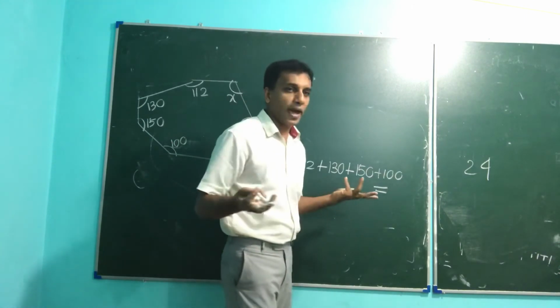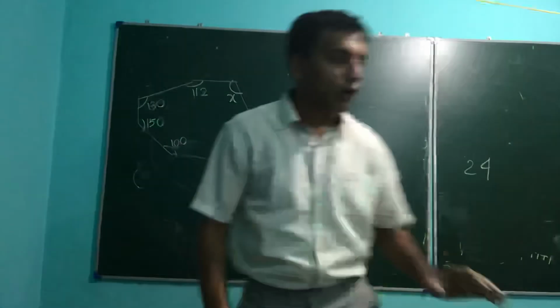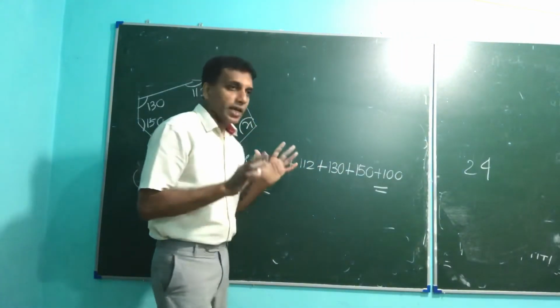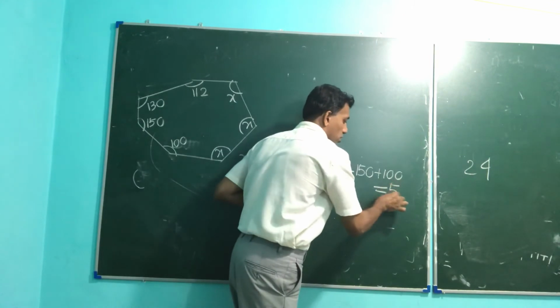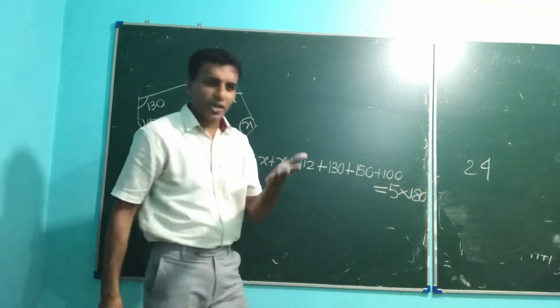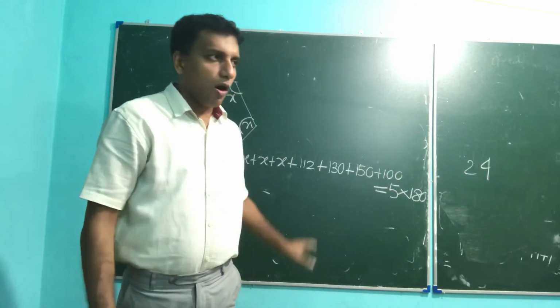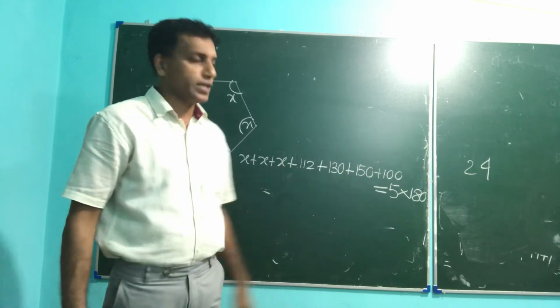I don't know the angle value, therefore I follow the summation method. In a heptagon, 5 triangles can be drawn, one triangle 180, therefore you can say 900 straightaway. All these 7 angles add up to 900, right?